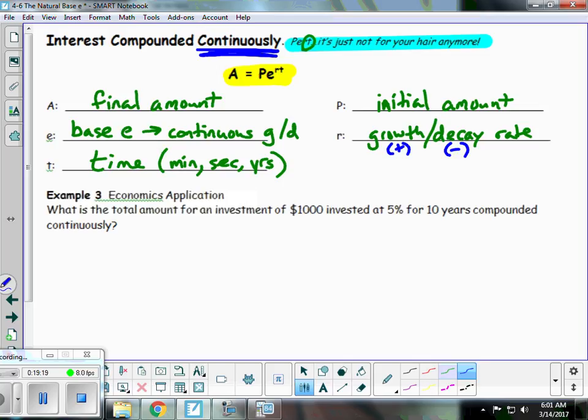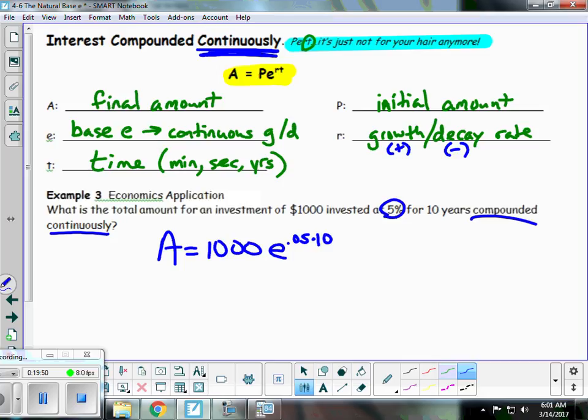Since it says compounded continuously, that tells us to use the formula A equals PERT. So let's plug some values in. A is equal to our initial amount, 1,000, times e to the power of R, 5%, that's 0.05, times 10 years.